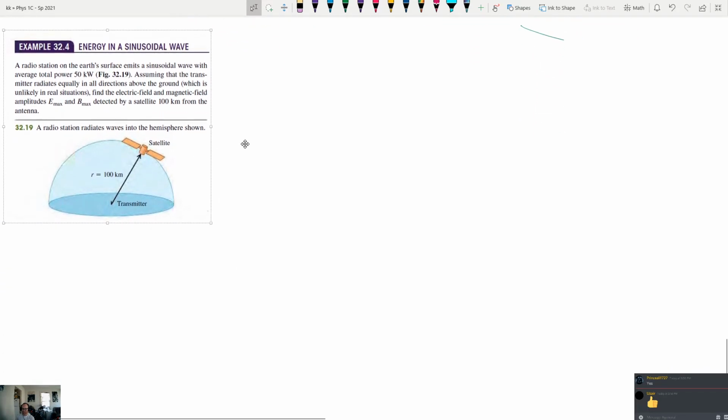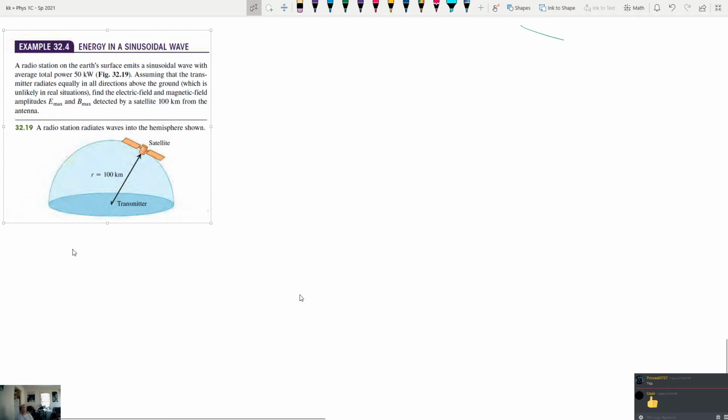All right, so here's the problem we want to do. A radio station on the Earth's surface emits a sinusoidal wave with an average total power of 50 kilowatts, assuming that the transmitter radiates equally in all directions. So here's our transmitter down here, in all directions above the ground. Find the electric field and magnetic field amplitudes E max and B max detected by a satellite 100 kilometers from the antenna.